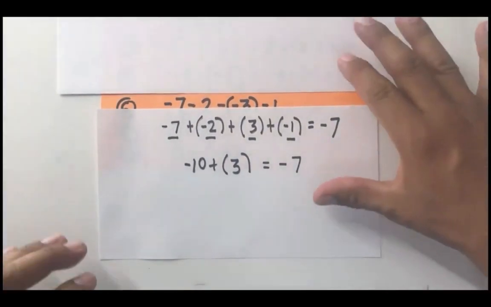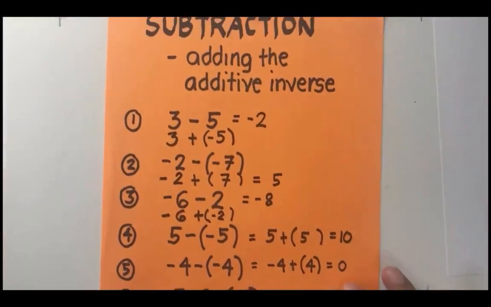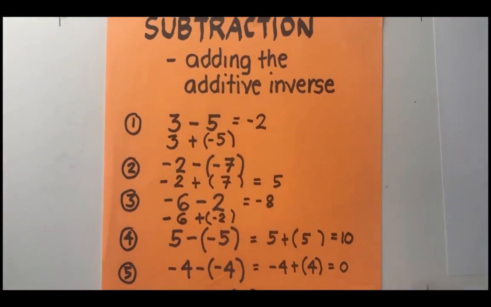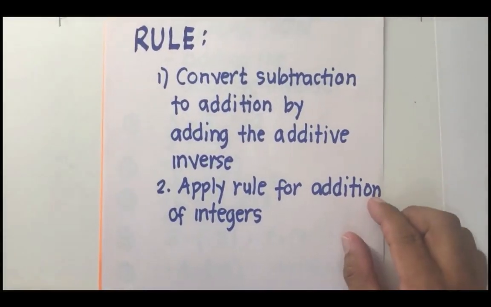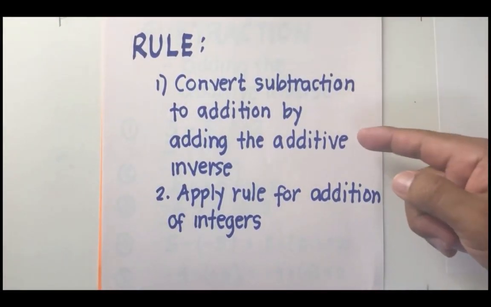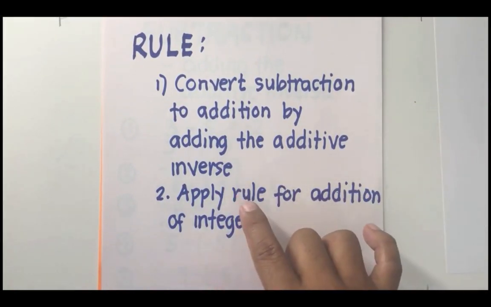Okay, let's pause for a moment, and I want you to observe what happens here and come up with a rule for the subtraction of integers. Okay, assuming that you have already written your reflection in your journal, this is one suggested answer. We convert first from subtraction to addition by using the definition of subtraction as adding the additive inverse.